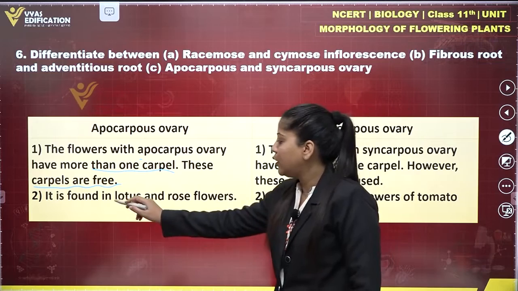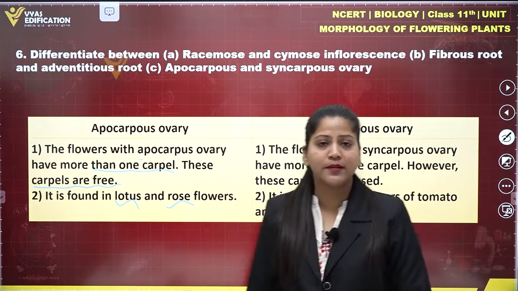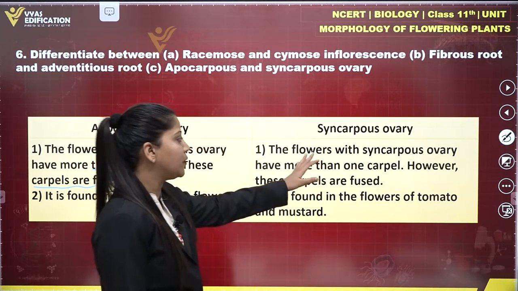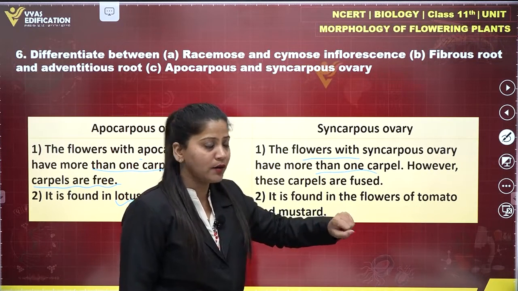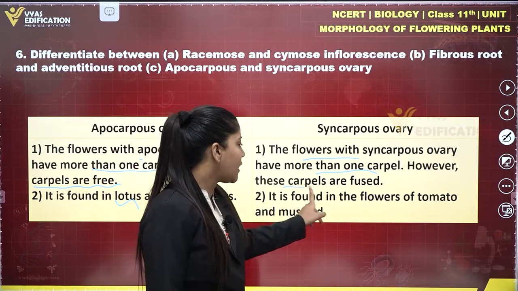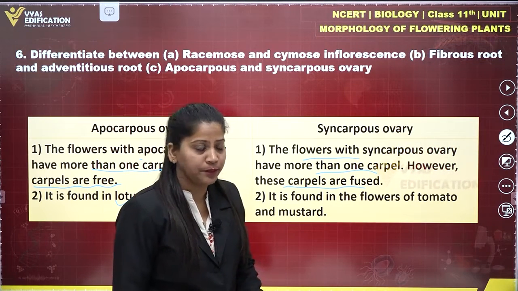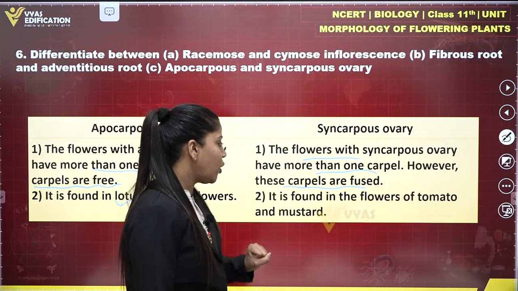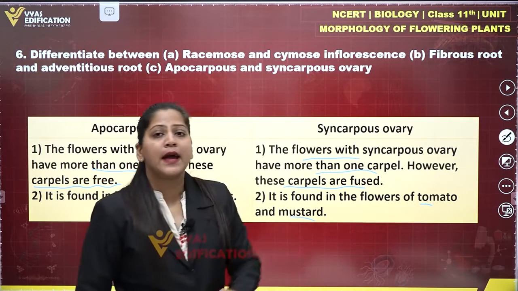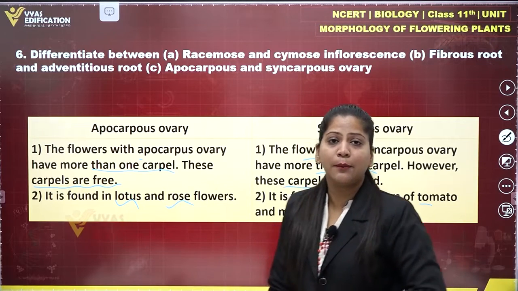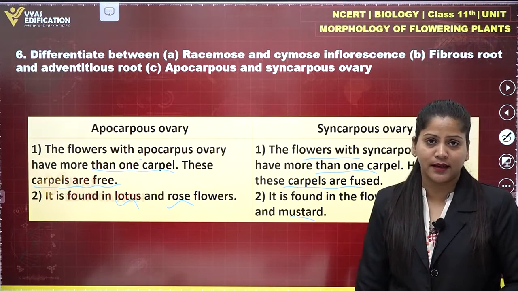It is found in lotus and rose flowers. And if we talk about the syncarpus ovary, the carpel is present more than one, of course, and these carpels are fused with each other. The syncarpus condition of ovary is found in tomato, mustard, etc. So this is the complete solution of question number 6.